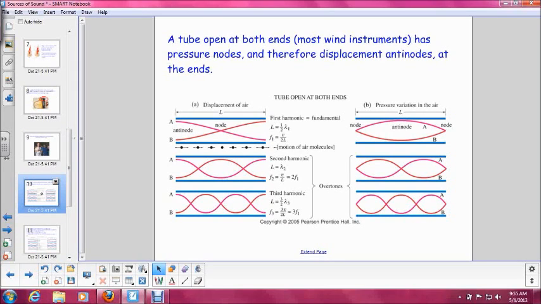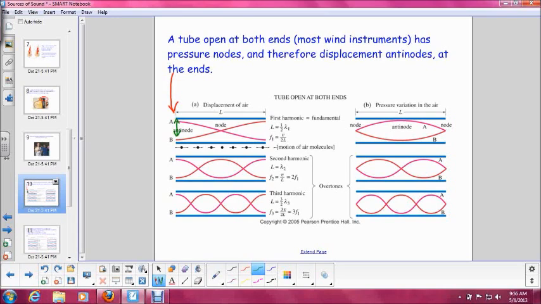with a tube that's open at both ends, like most wind instruments, it has what we call pressure nodes. And what this means is, let's say that this is the opening of the trumpet or saxophone or flute or whatever you're playing. When you blow into that instrument, you are making the air vibrate a lot.